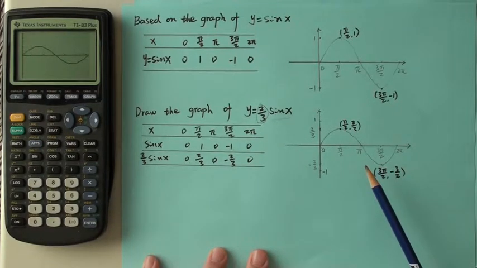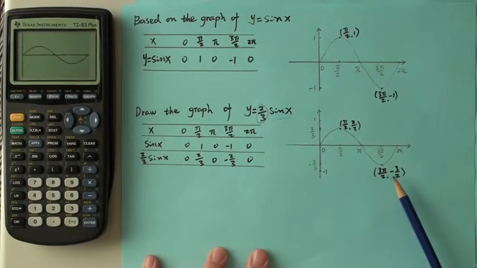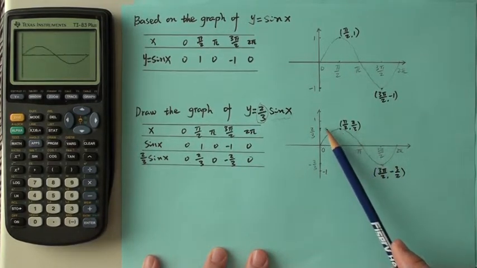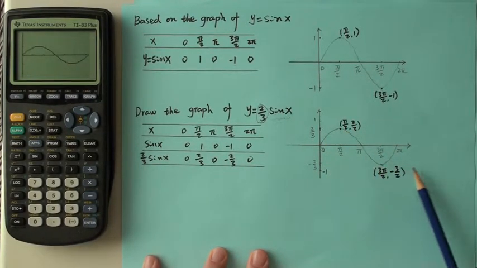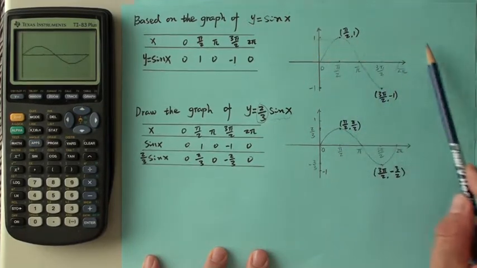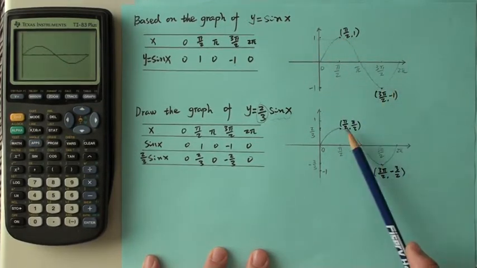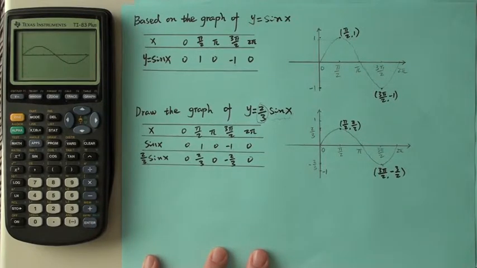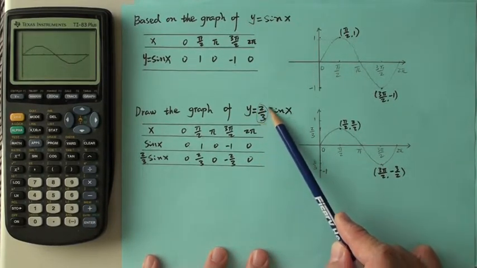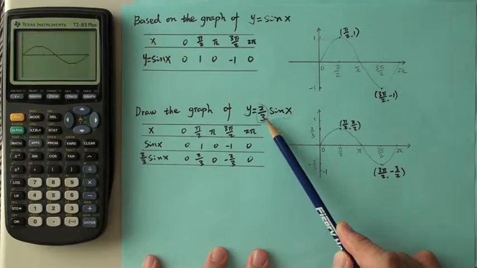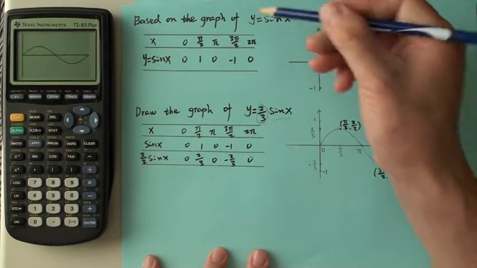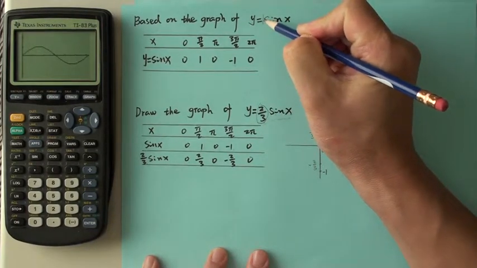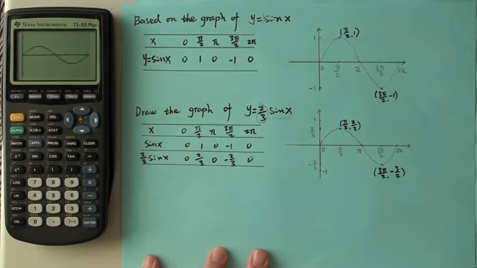Okay, so basically the range is changed from negative 3/2 to positive 3/2. You see, previously this band was wider than this band. So basically the amplitude 2/3 is smaller than here, where it was 1. Okay? So that's the first example we want to do.